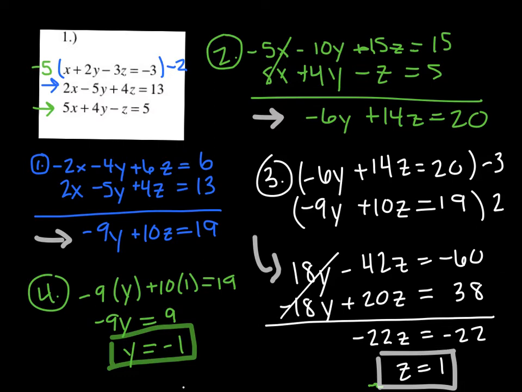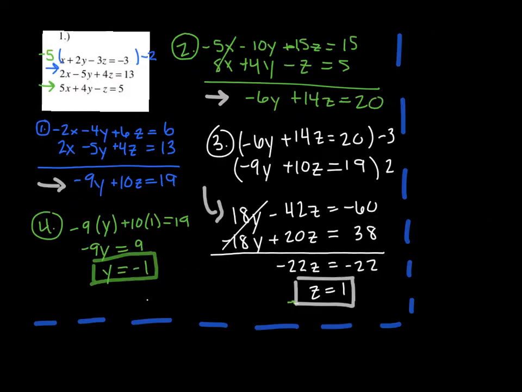So we have our y, our z. The last thing we need to do now is solve for our x. So the last step will be to plug in the two variables you have to find the third, into one of the original equations.